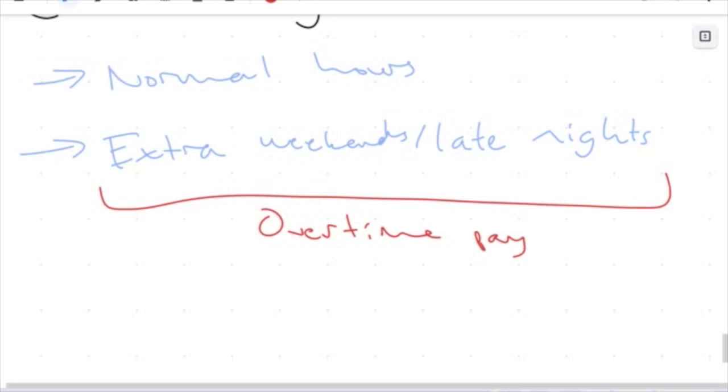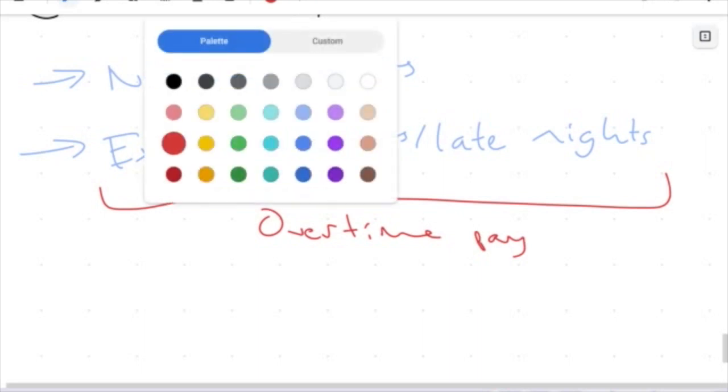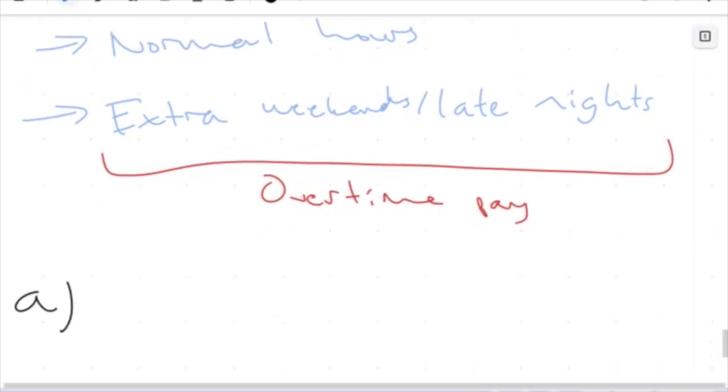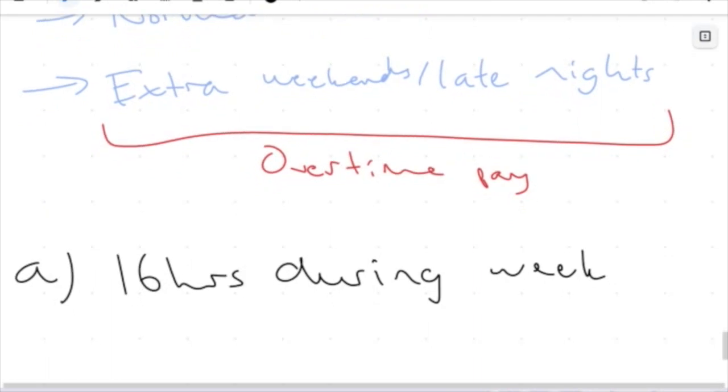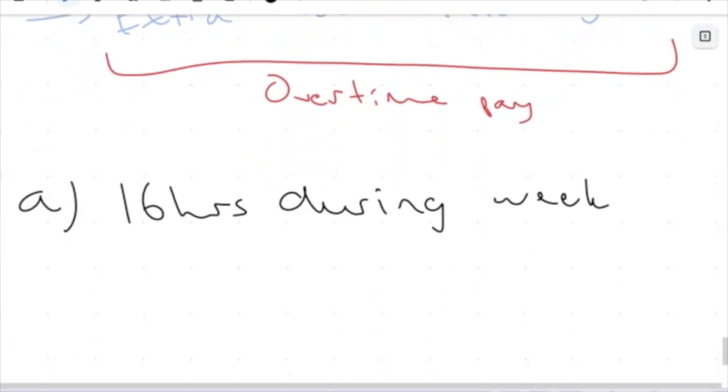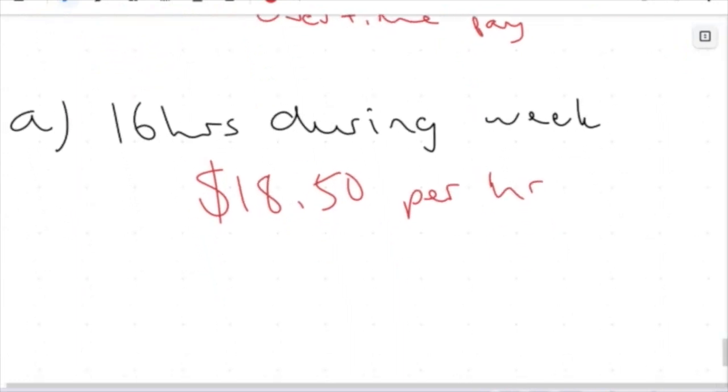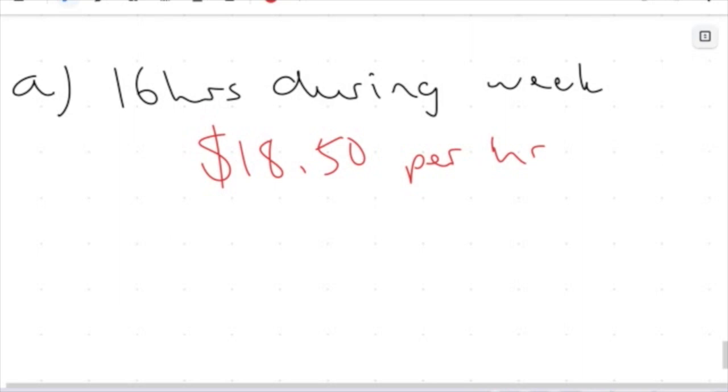So for the next 2 questions, we are going to calculate how much you'd earn if you worked 16 hours during the week, during normal working hours, at a rate of pay of $18.50 per hour. For a bit of revision, what type of pay would this be?